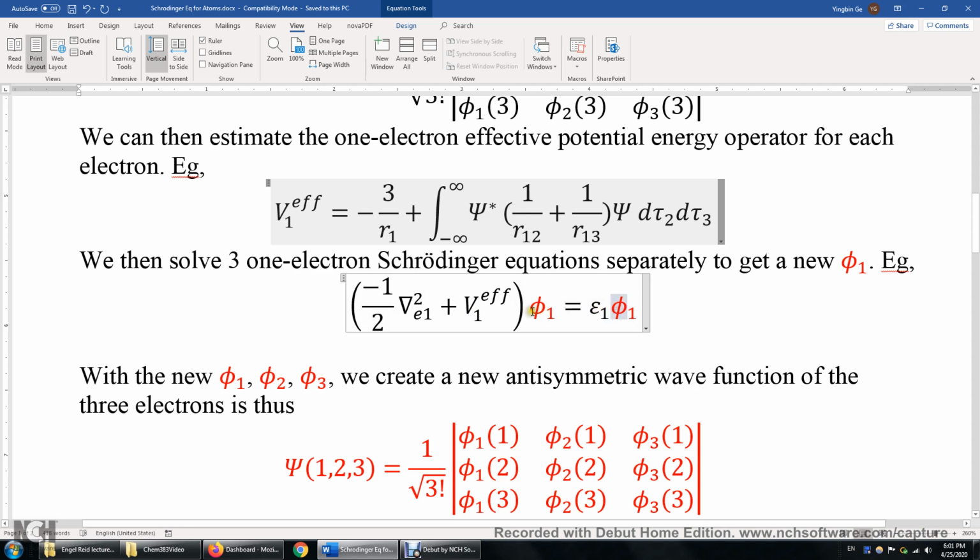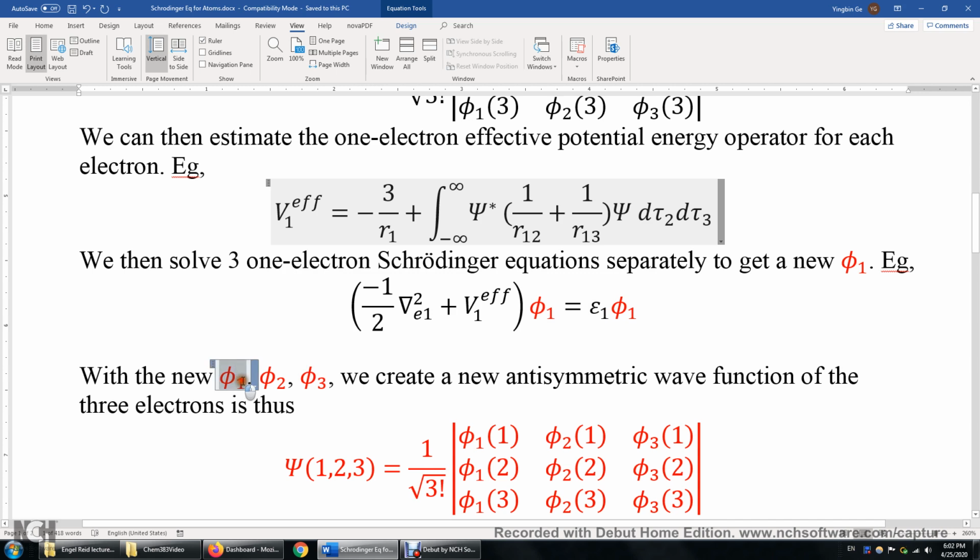We do this for electron 1, and then we do this for electron 2 and electron 3 in a similar fashion. And then we will be able to get epsilon 1, epsilon 2, epsilon 3. They correspond to the atomic orbital energy. And also we get phi1, phi2, and phi3 in red. They are the atomic orbitals.